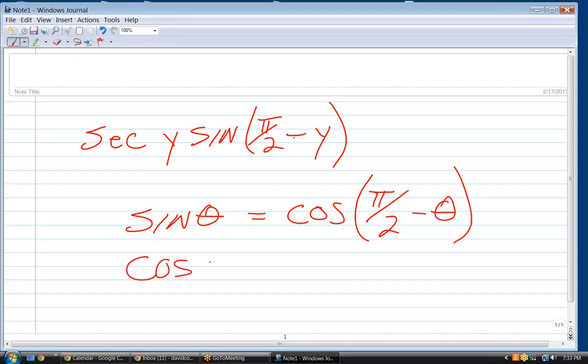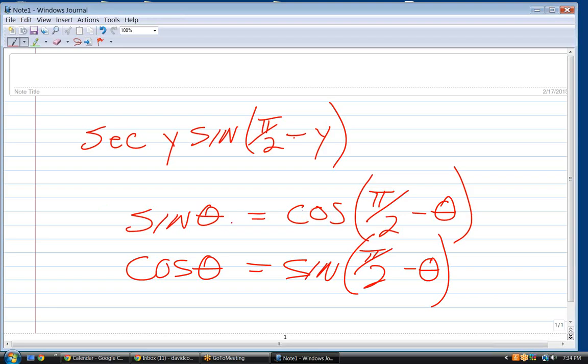And likewise, cosine of theta is equal to the sine of pi over 2 minus theta. Notice that sine of 30 degrees is the same number as the cosine of 60 degrees. They're both 1/2, right? So this applies between sine and cosine, tangent and cotangent, and secant and cosecant.